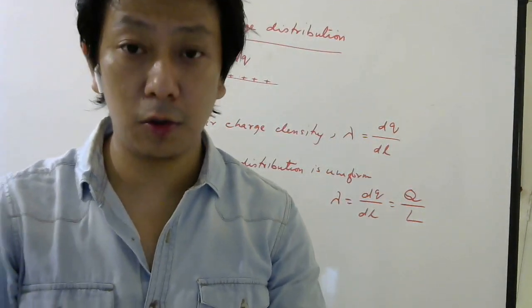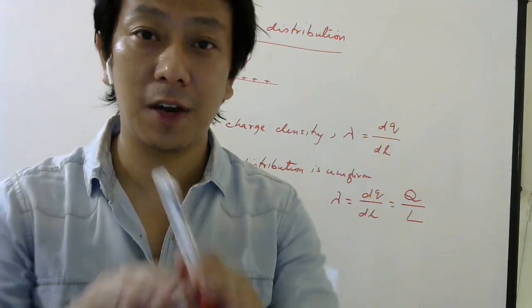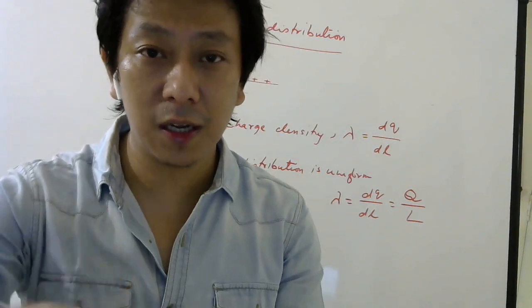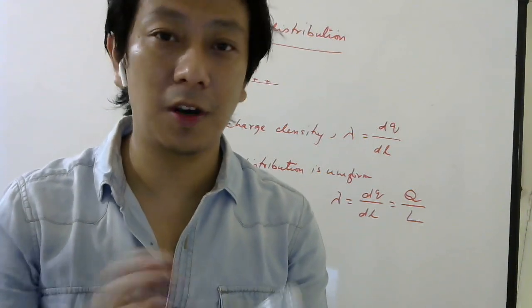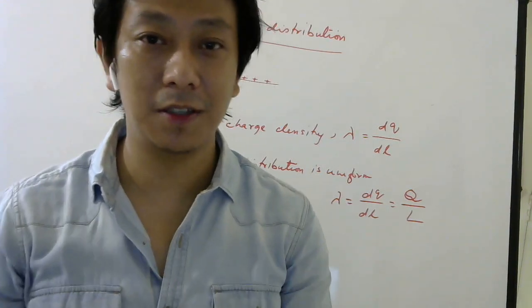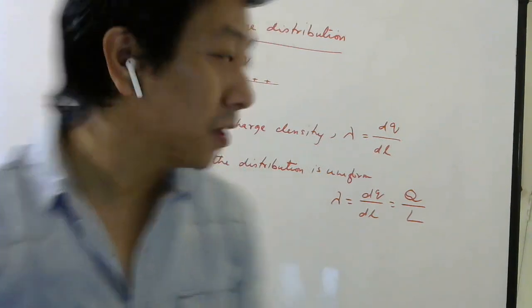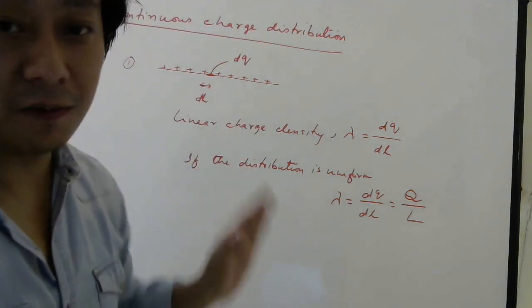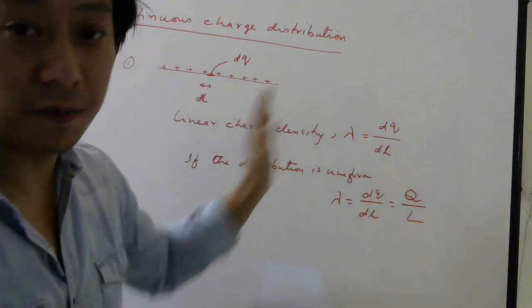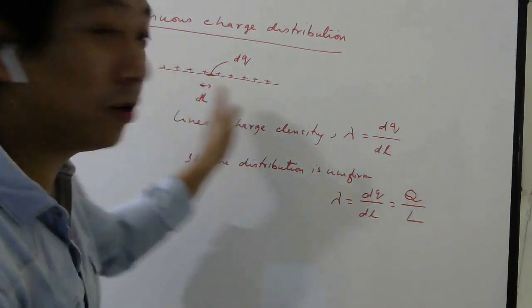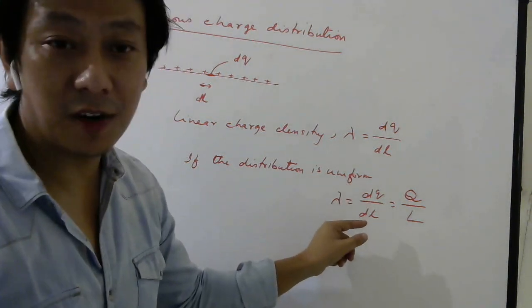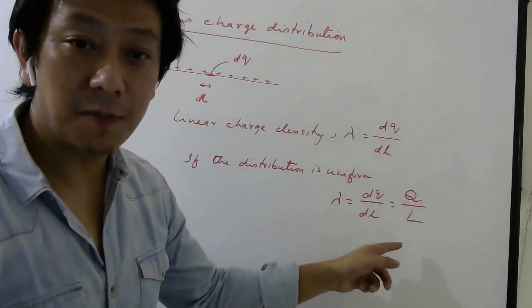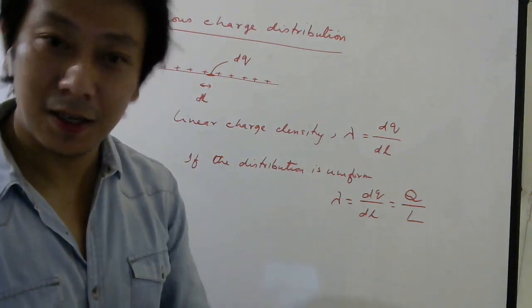In that case, it doesn't matter whether you take the whole mass of water and divide by the whole volume, or you take a cup of mass of water and divide by cup of volume. Answer will be 1000 kg per meter cube always. So if the linear charge density is uniform, then it doesn't matter whether you take small charge divided by small length or total charge divided by total length. It is the same thing.